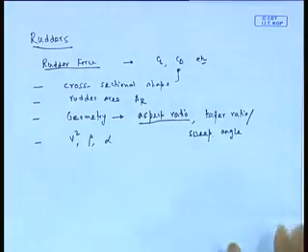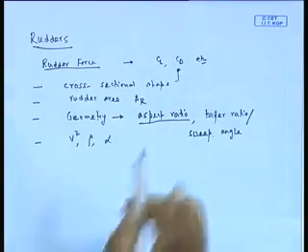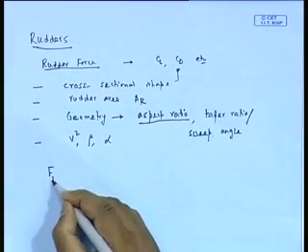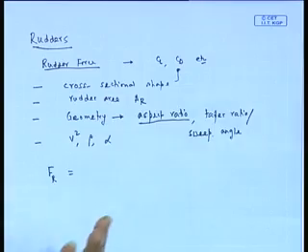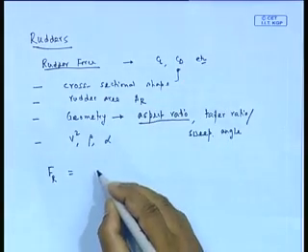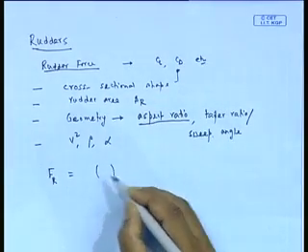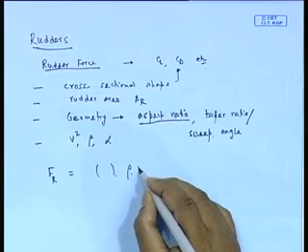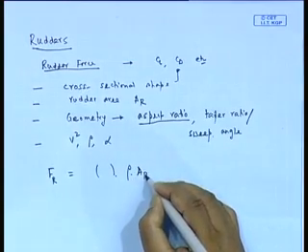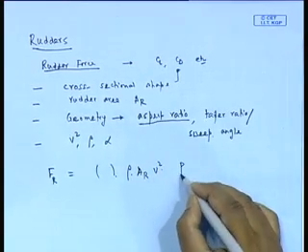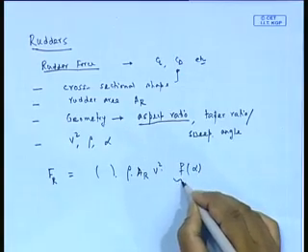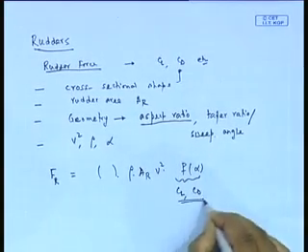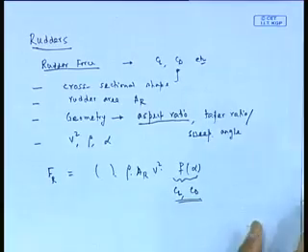We all know that. Why did I write this? Because instead of going to CL, CD, I can simply write rudder force, where rudder force may be the force in the normal direction to the rudder, as a function of some constant into rho into AR into V square into, now this is nothing but actually some force.